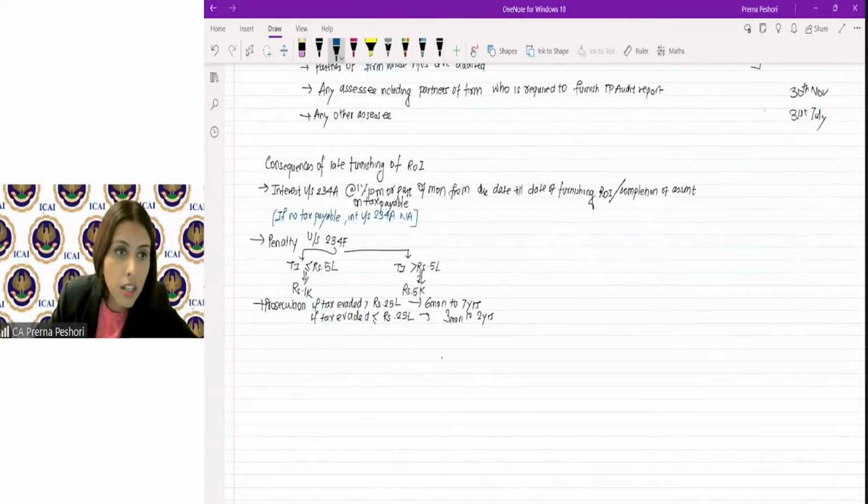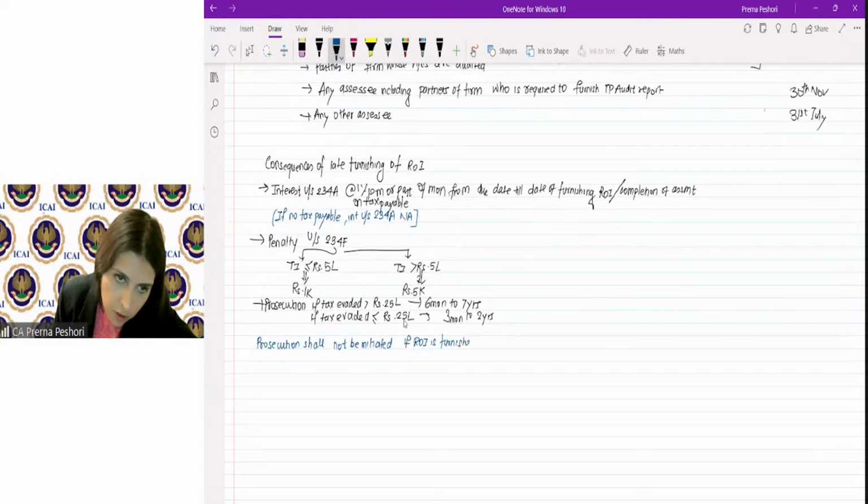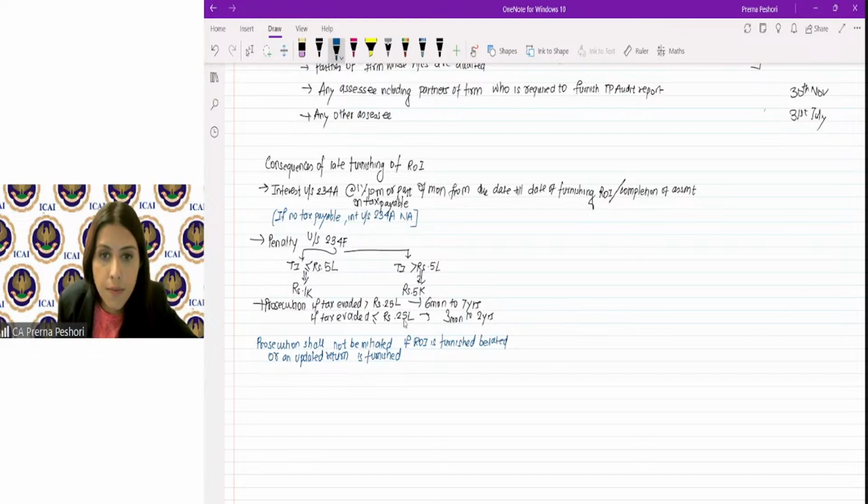Prosecution shall not be initiated if return of income is furnished, belated, or an updated return is furnished, or the tax payable does not exceed rupees 10,000, or tax payable less than rupees 10,000.